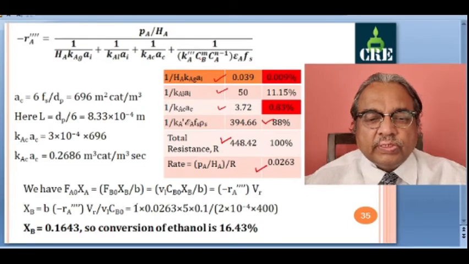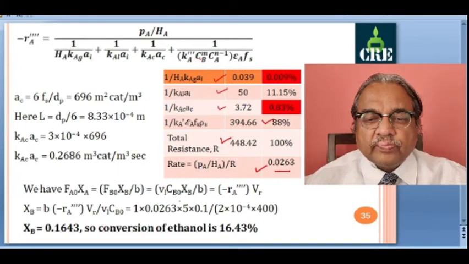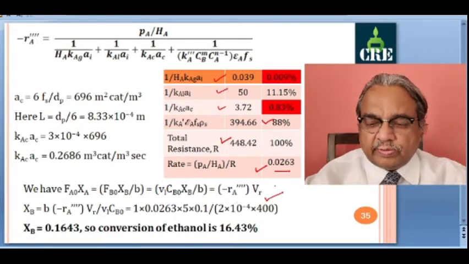So the stoichiometric coefficient is 1, minus Ra 4 times prime we have calculated here, that is 0.0263, 5 into 0.1, height into cross sectional area is the volume of the reactor, divided by Vl, which is 2 into 10 raised to minus 4, and Cb0 is 400.